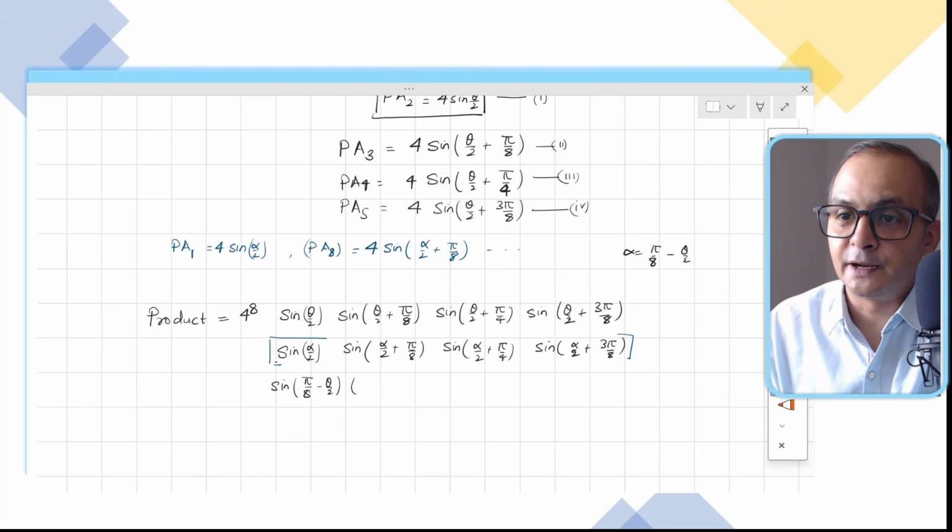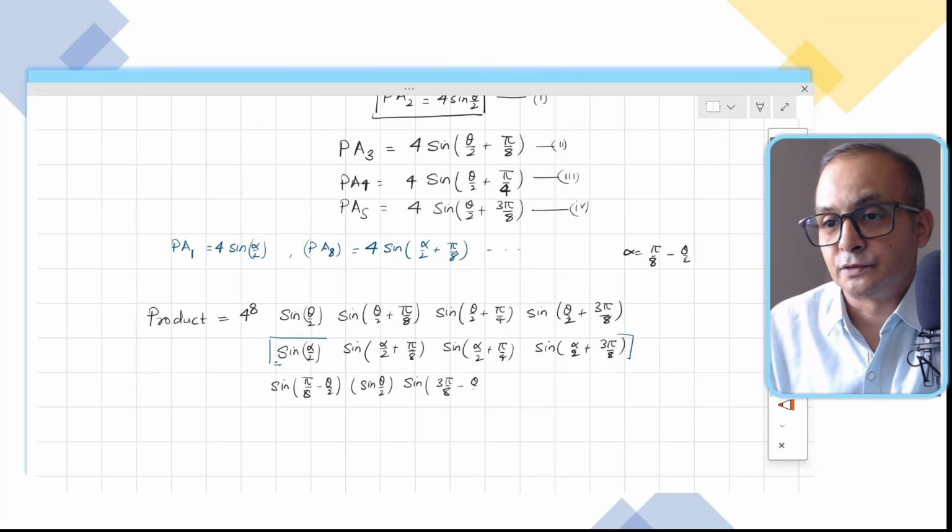So that will become directly sine theta by 2, this is pi by 8 minus theta by 2 and plus pi by 4. So pi by 4 plus pi by 8 will become 3 pi by 8, becoming sine of 3 pi by 8 minus theta by 2.